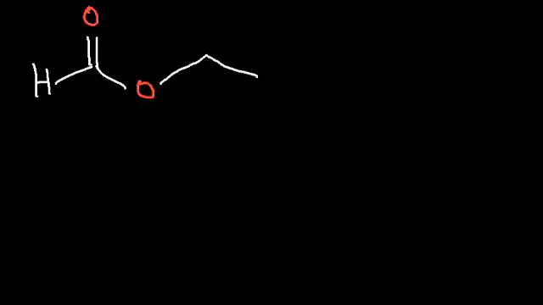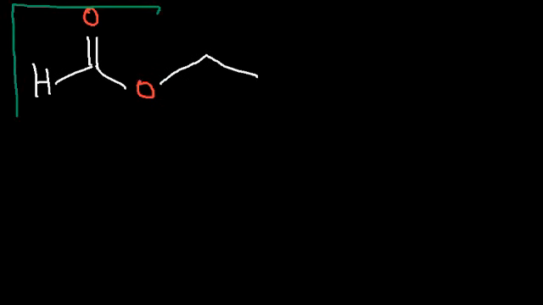Here is another example for you. Try this one. What is the name for this particular ester? What is the IUPAC name and also the common name? So let's separate it into two parts.